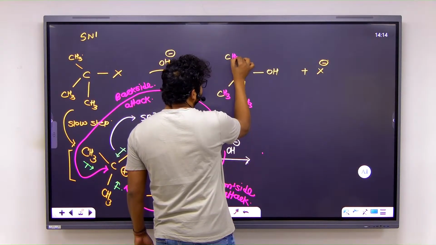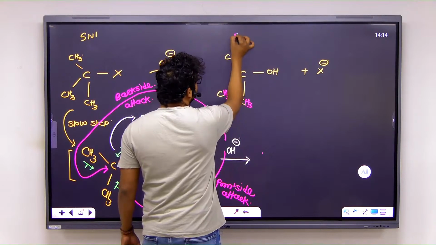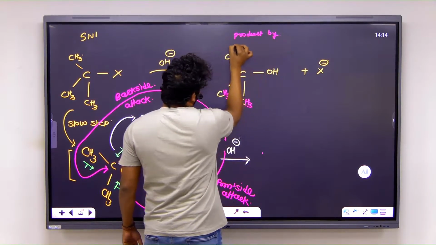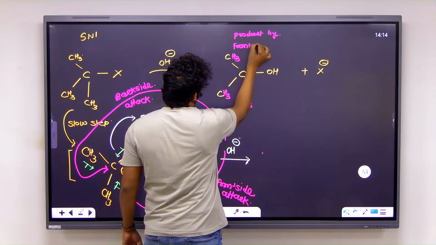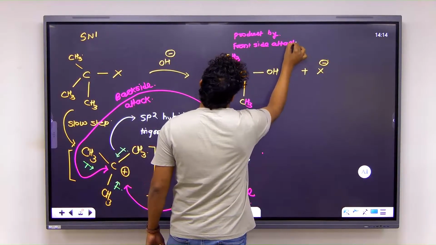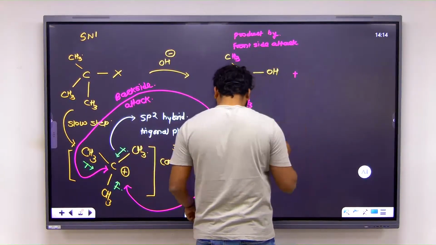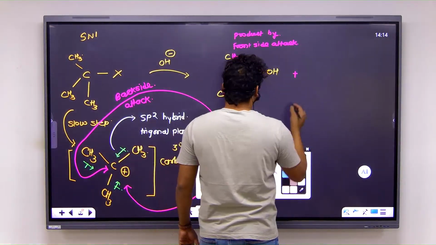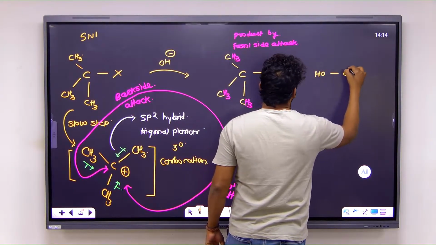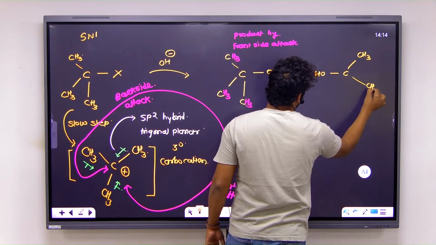One is given there by the front side attack. It is a product by a front side attack, and it also gives another product, that is a product by a backside attack.